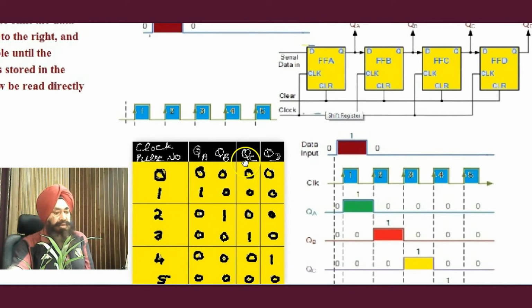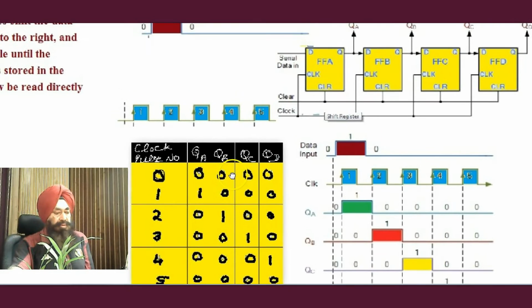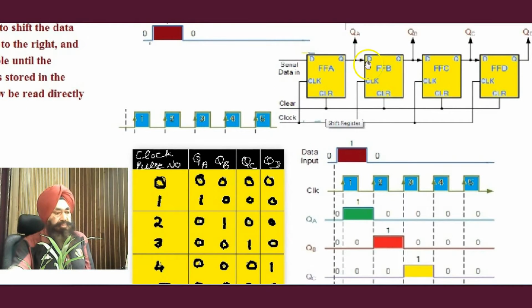Now let the second clock pulse enter. The second clock pulse triggers. The rising edge of the second pulse appears. So what will happen now? The 1 that was already here will be shifted to this place. Now after the 1 bit there is a 0, so 0 will come here.